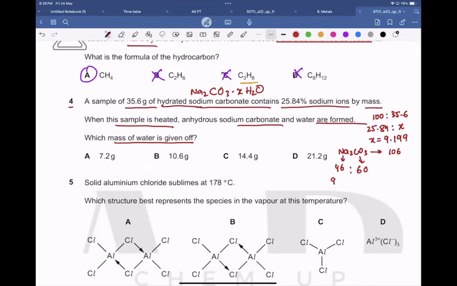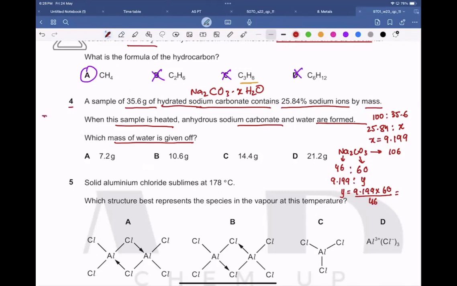So if the sodium mass is 9.199, then what would be the mass of carbonate? Let's make it Y. So Y is going to be 9.199 times 60 over 46. Can anyone calculate the value? So we are able to calculate the carbonate mass as well.